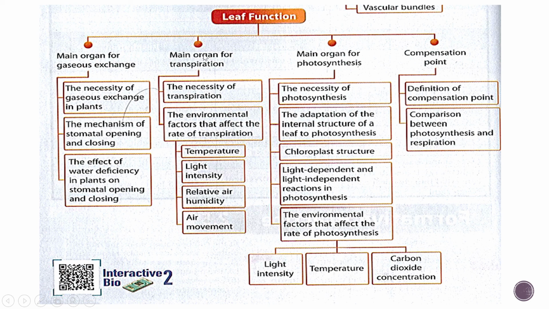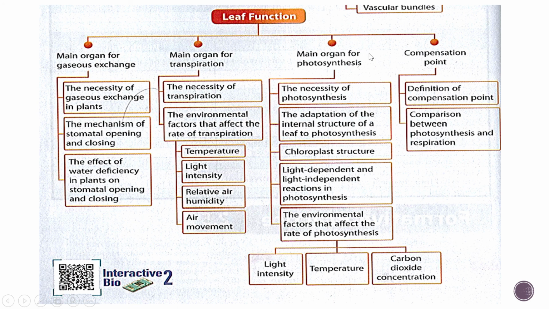Okay, the leaf is also the main organ for transpiration. The necessity, why is it significant? Transpiration: the environmental factors that affect the rate of transpiration are 4. Remember their graphs. Remember their relationships.